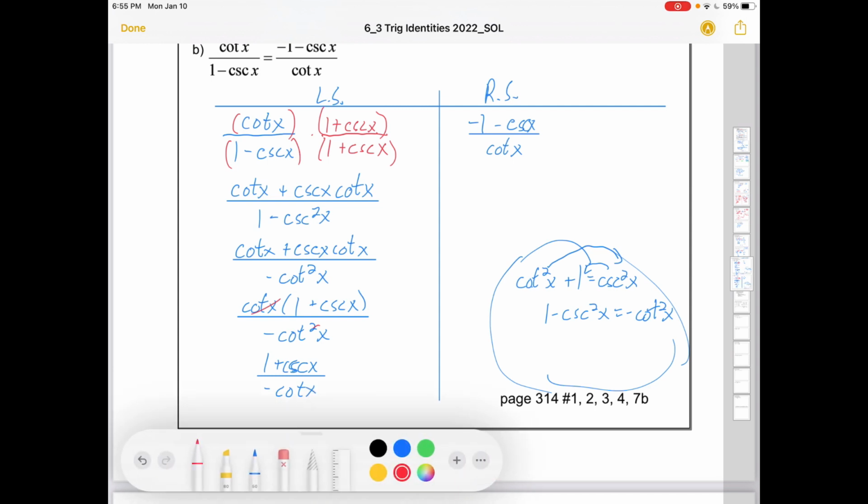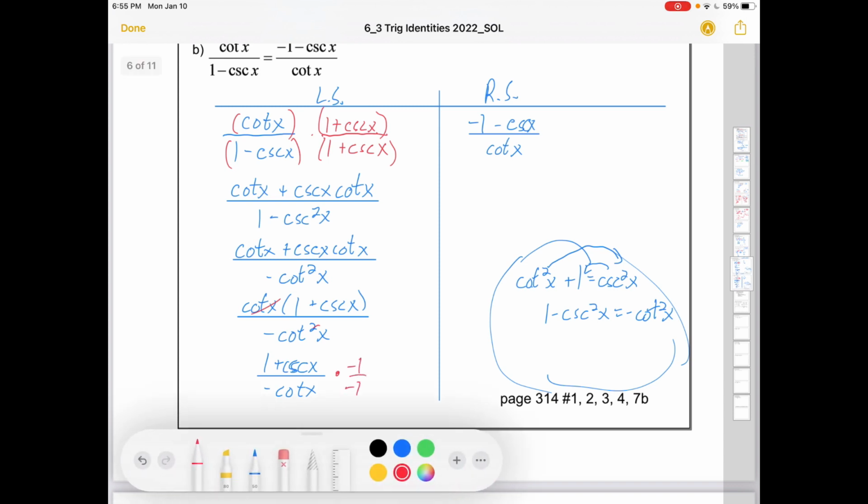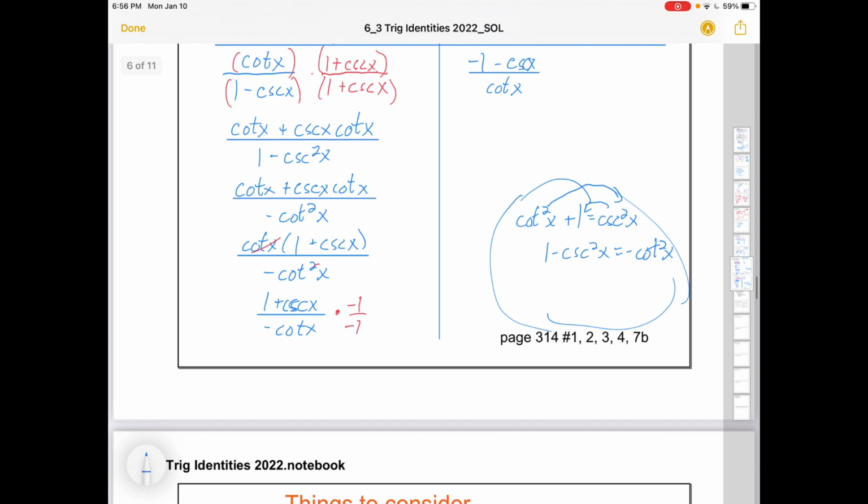And I guess lastly, to make the denominator positive instead of negative, I can times by negative 1 over negative 1. And that will finally give me negative 1 minus cosecant x all over cotangent x. We've proved that these two things are equivalent to each other.